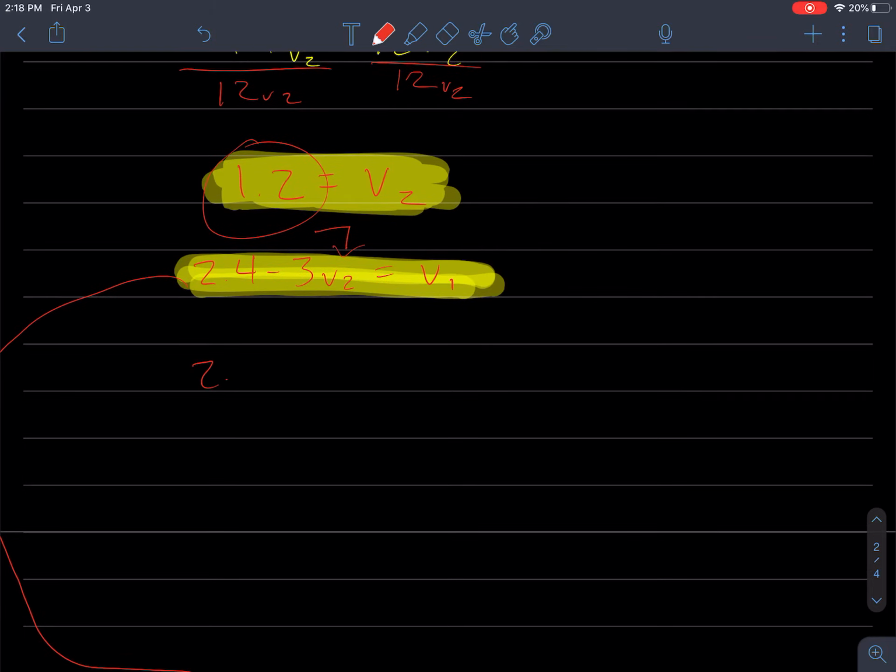So we end up with 2.4 minus 3 times 1.2 equals V1. Let me figure this out, 2.4 minus 3 times 1.2. I get 2.4 minus 3.6 equals V1. Figure that out. We end up with negative 1.2 equals V1.